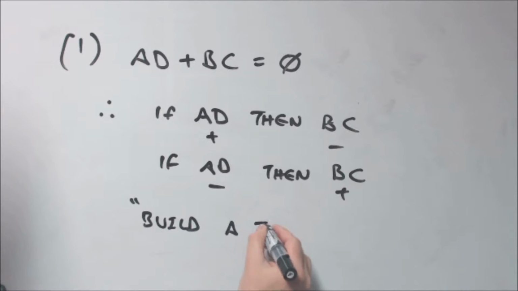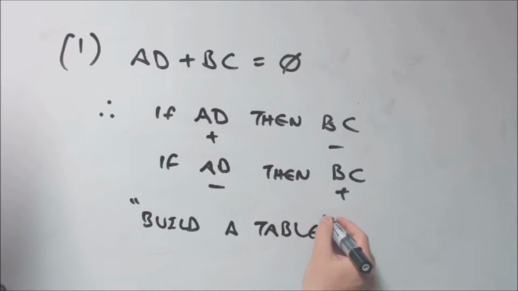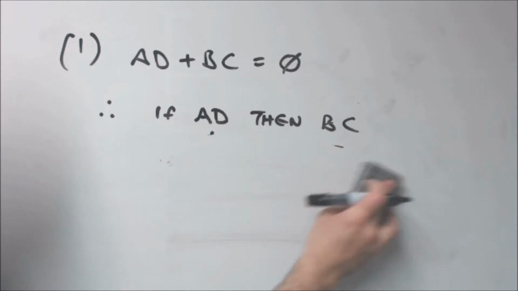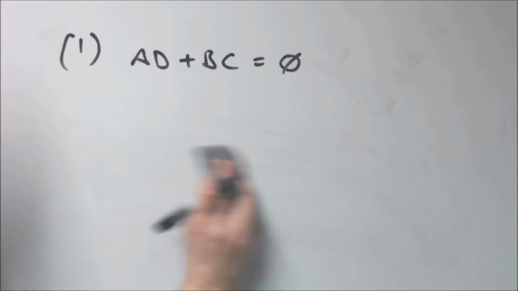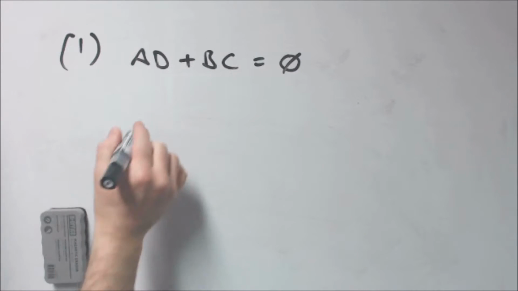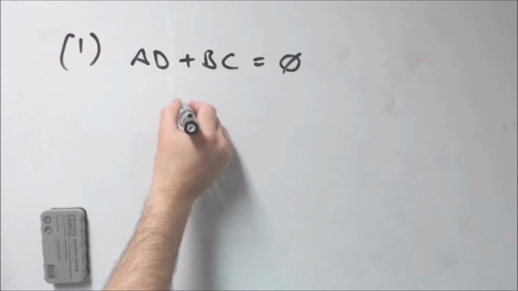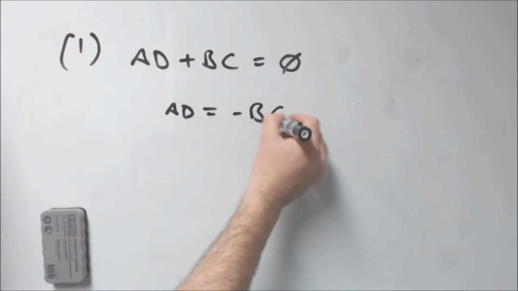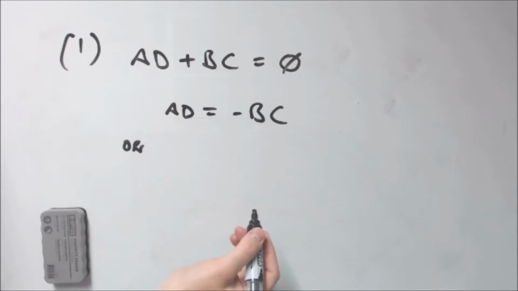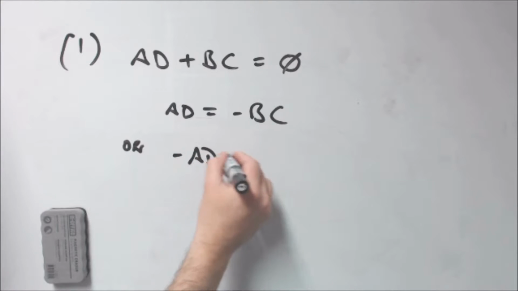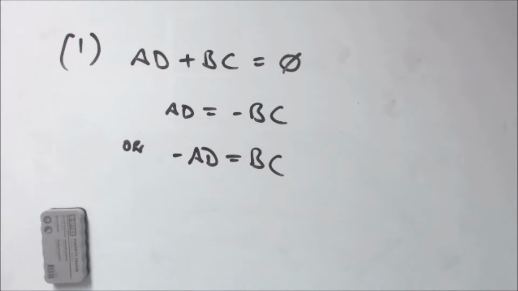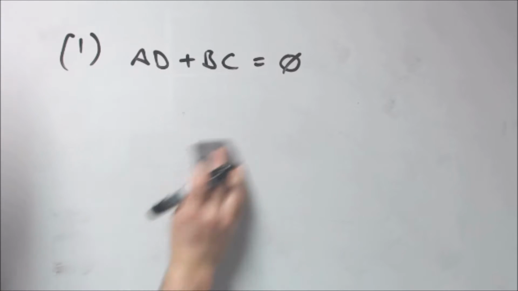It has to be that particular relationship. So it's good to set this up as an if A then B. Get it clear in your mind. Consider whether there are any other deductions that need to be made. There aren't in this case. And then move forward with one method or another. You could pick numbers, or you could just build a table according to positivity or negativity. Another way to look at it is if AD could equal minus BC, or negative AD could equal BC, whatever makes you more comfortable.